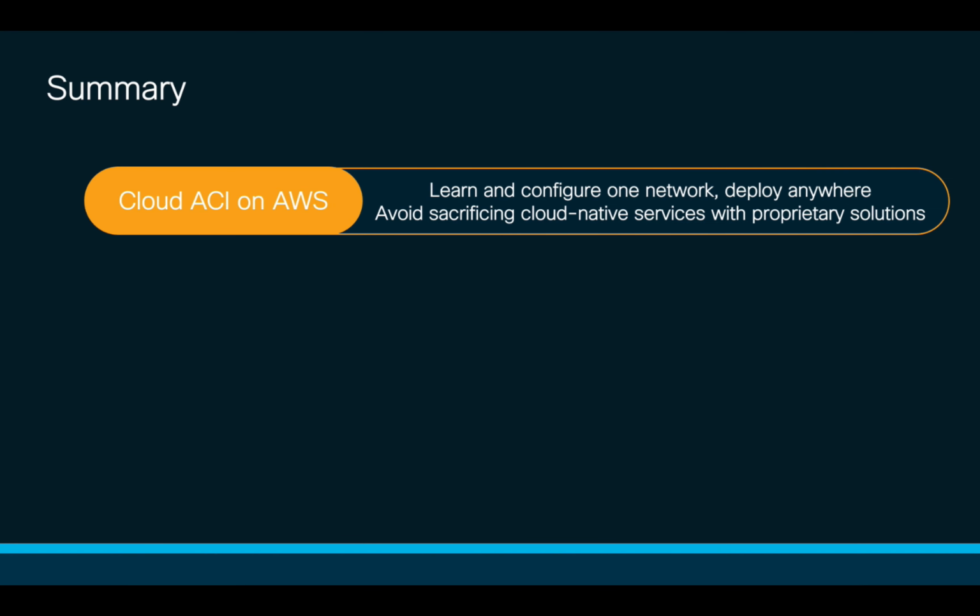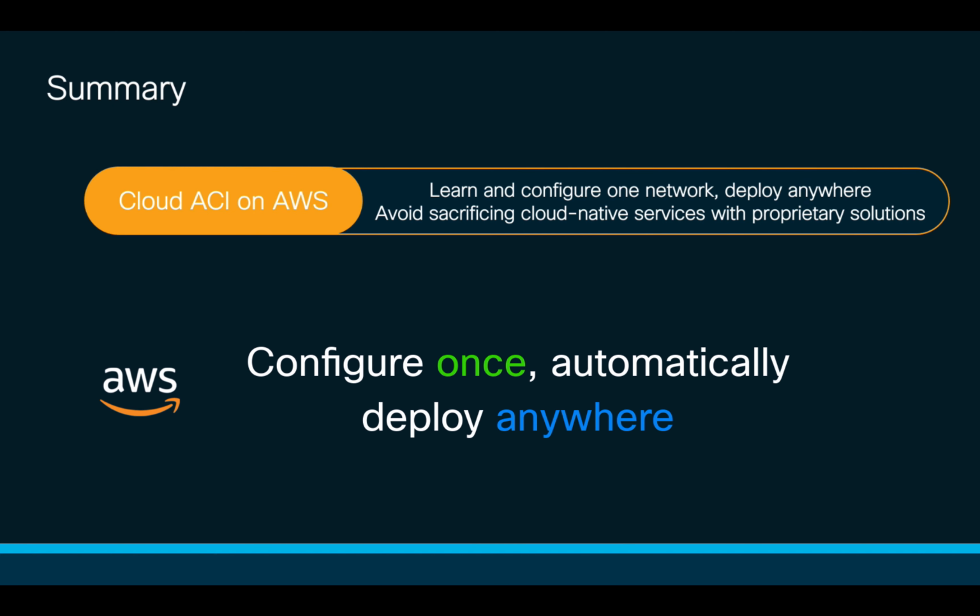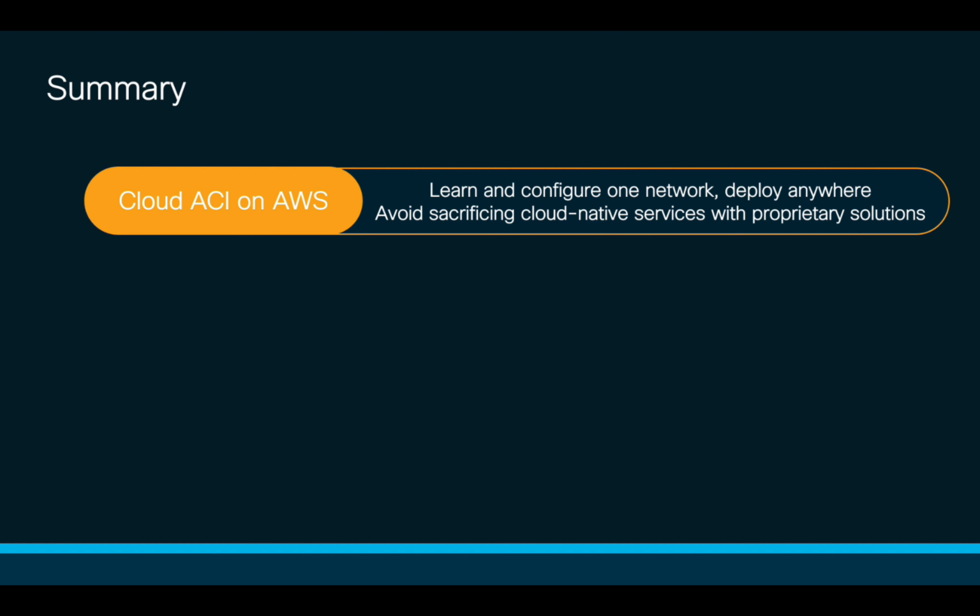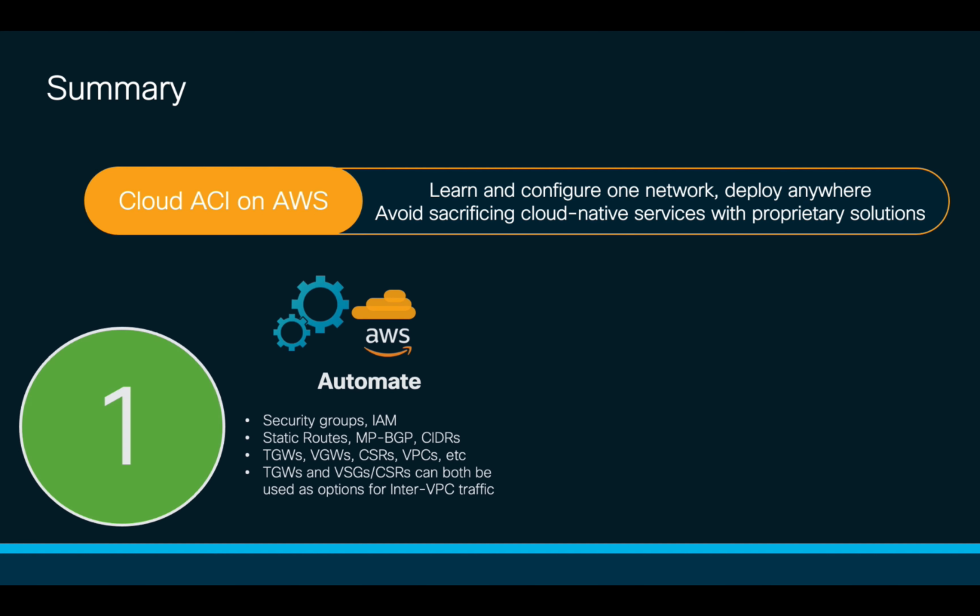As a summary, we just learned how to deploy Cloud APIC and provided connectivity to instances running on AWS in one VPC and region or multiple, defining our configuration once and keeping it consistent anywhere. We are still using AWS Cloud-Native constructs as you saw, and everything ACI automates is visible on AWS console as well.